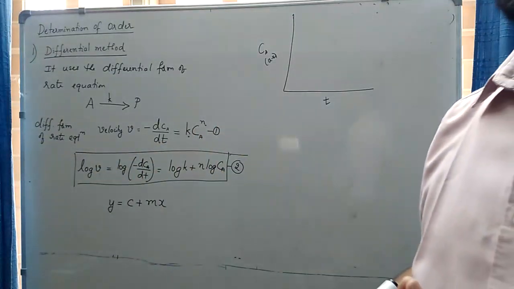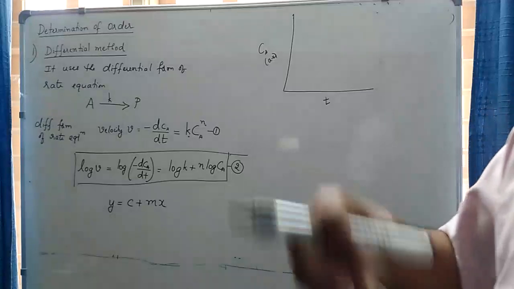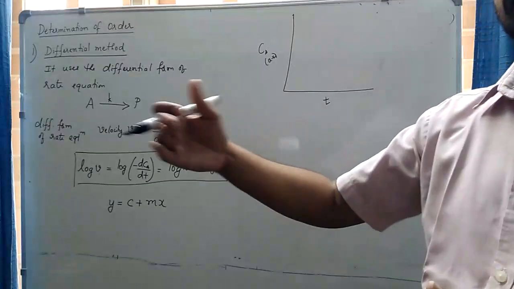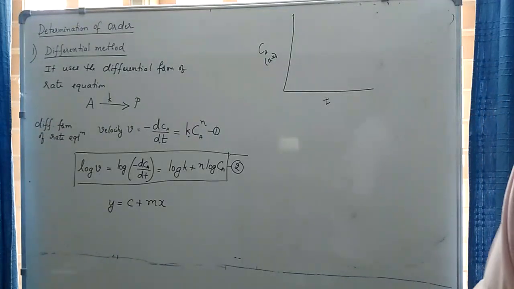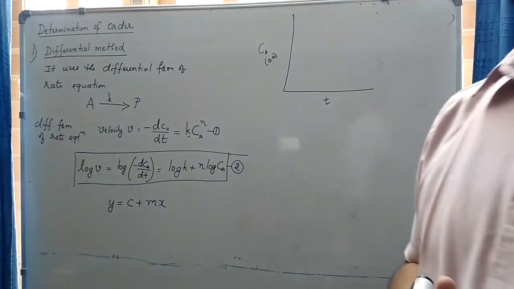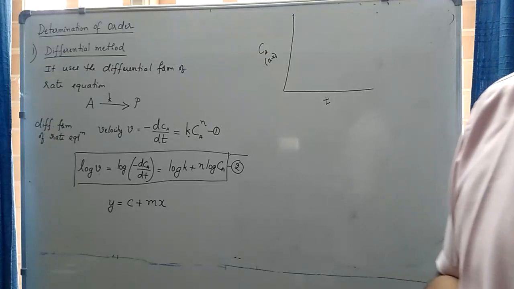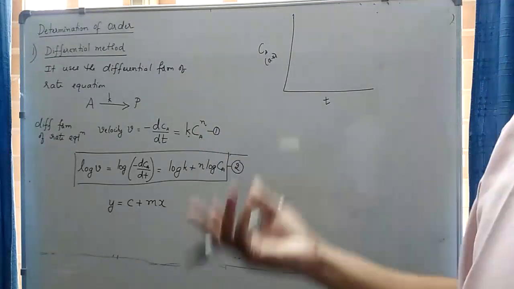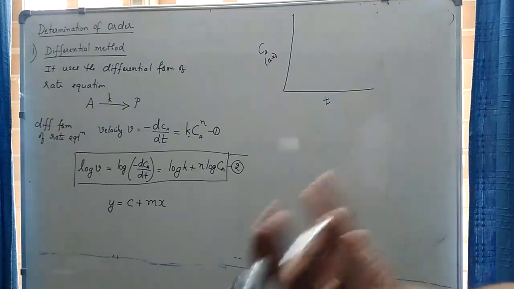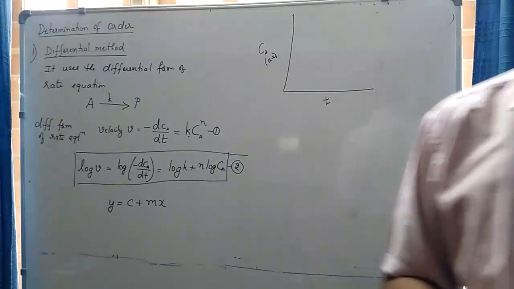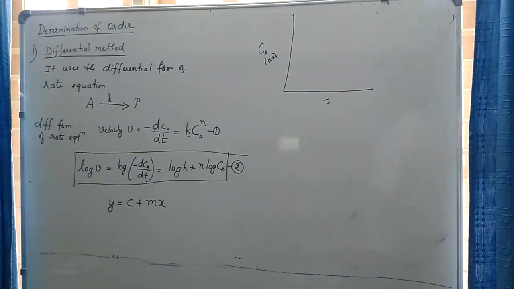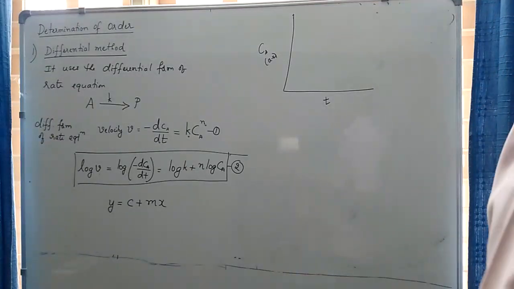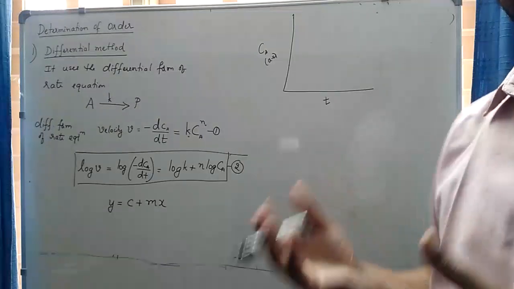By using phenolphthalein indicator, you titrated the reaction mixture against sodium hydroxide, and at different intervals of time you can find out the concentration of the reactant that has not undergone reaction, or the concentration of the product that is formed.